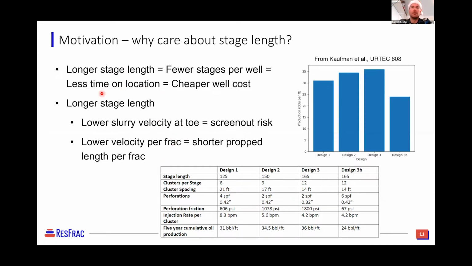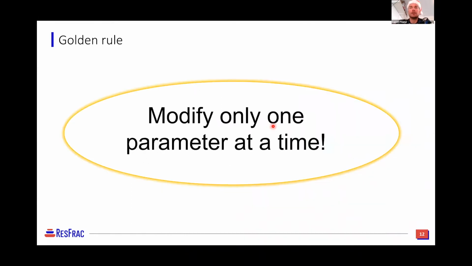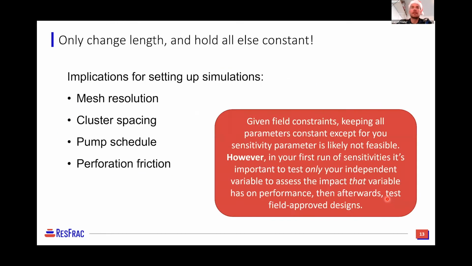Conceptually, we know why there's an upper bound, and we also have the incentive to avoid a lower bound. Returning to our philosophy of sensitivity analysis, our golden rule is we modify only one parameter at a time. What I want to present or talk through are some of the considerations on things that you would want to normalize as you move from one sensitivity to the next.